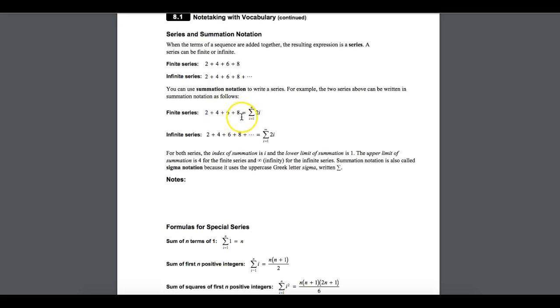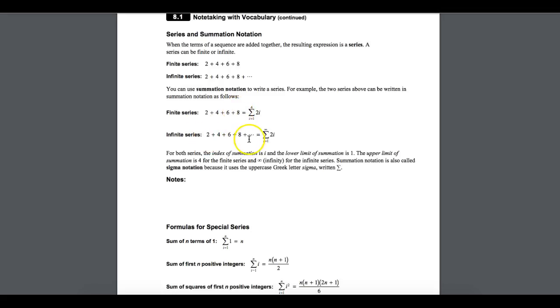So the way that our lower limit and upper limit would work is we start at I equals 1. That's our first value. And since there's 4 numbers in this sequence, we go from 1 to 4. So taking each value here as we go from our lower limit to upper limit would produce this finite series.